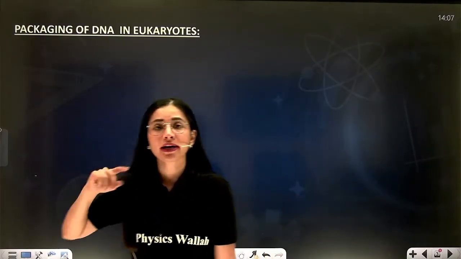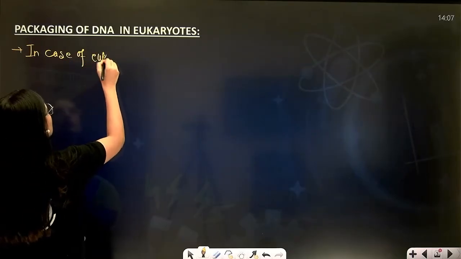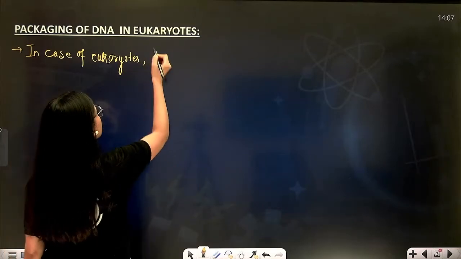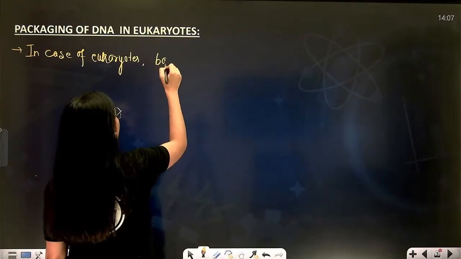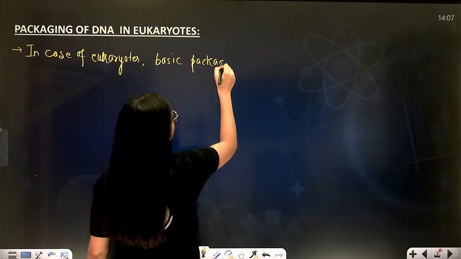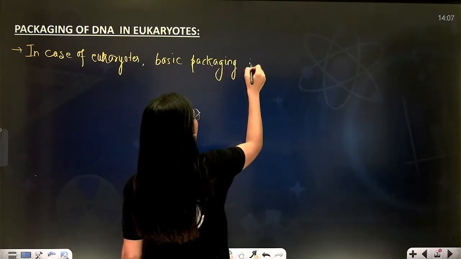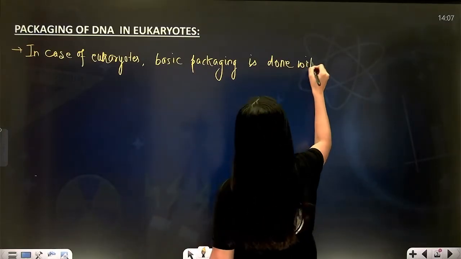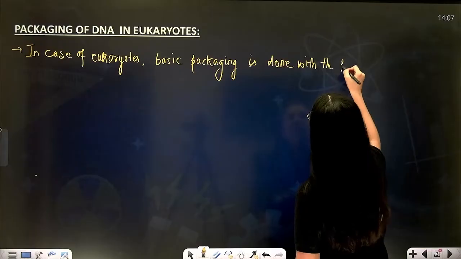So the first point which we are going to write over here is, in case of eukaryotes, the initial, basic packaging is done with the help of... now why positively charged protein?